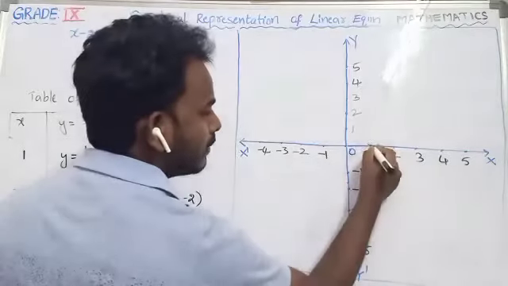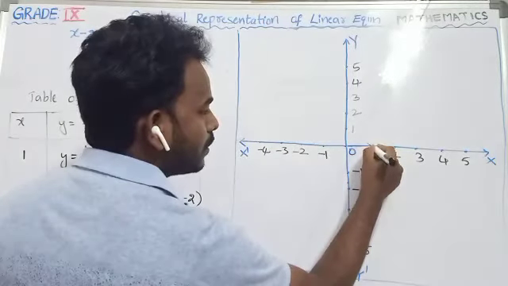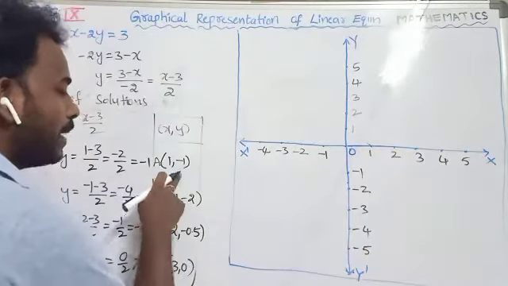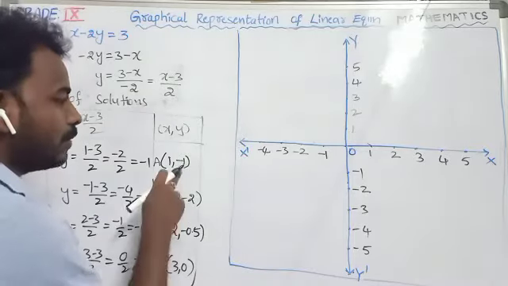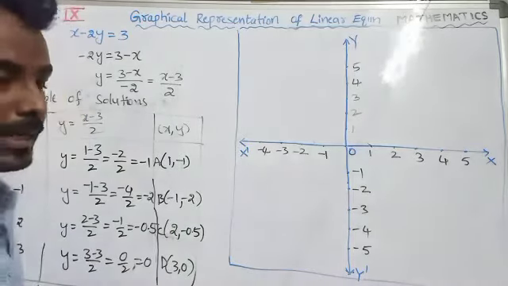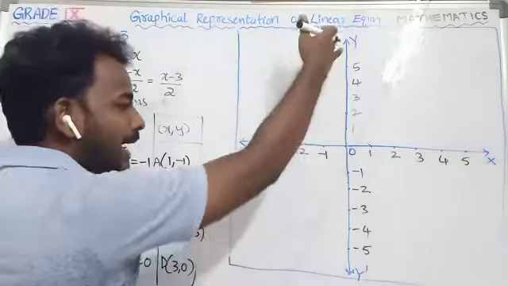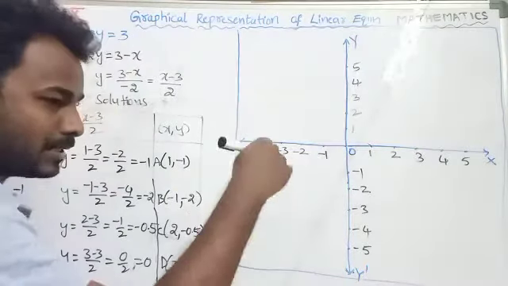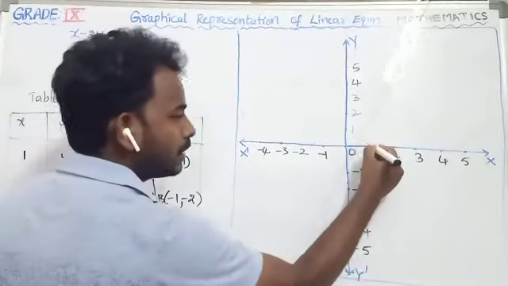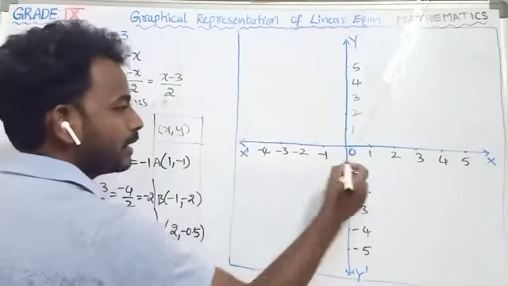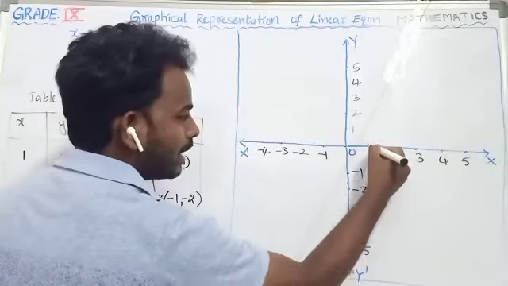Just don't draw this; for your explanation I am drawing here. So from here, and then -1. What is -1? The y coordinate. The y coordinate means parallel to the y-axis. -1 means downwards, so you need to go downwards. How many units? 1 unit, and 1 unit means 1 centimeter.